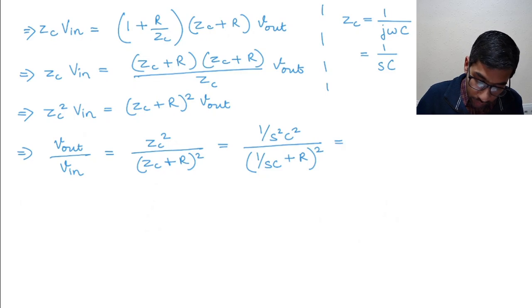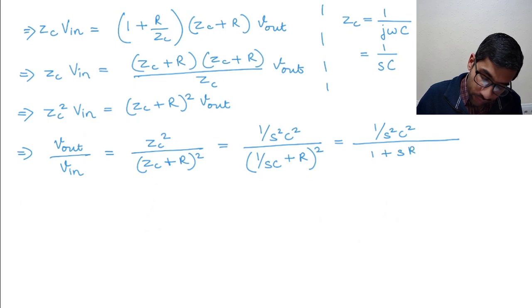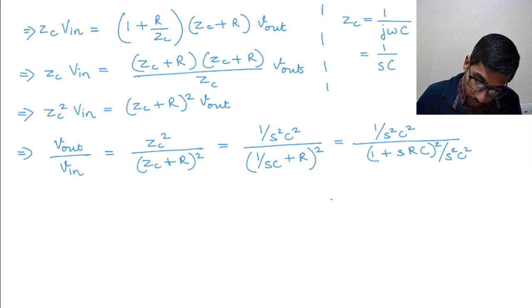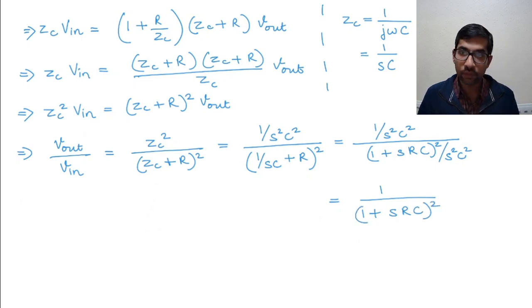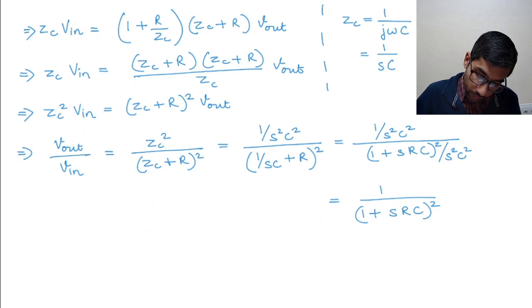And so what does that become? So let's keep this s square C square in the numerator, and what do we do here? So let's write it as 1 over sRC whole square divided by s square C square. And so this becomes 1 over 1 plus sRC whole square. Okay, and if you want, you can expand it.